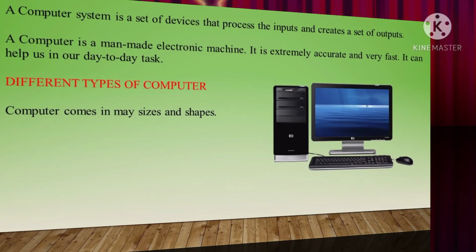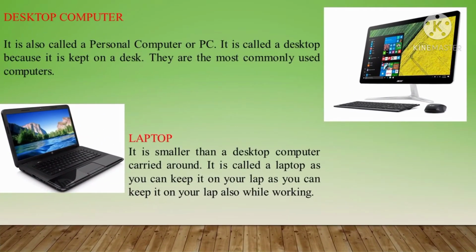Now let us see different types of computers. Computers come in many sizes and shapes, isn't it? Now let us see about the desktop. What is a desktop? It is also called a personal computer. This type of computer is kept on a desk.